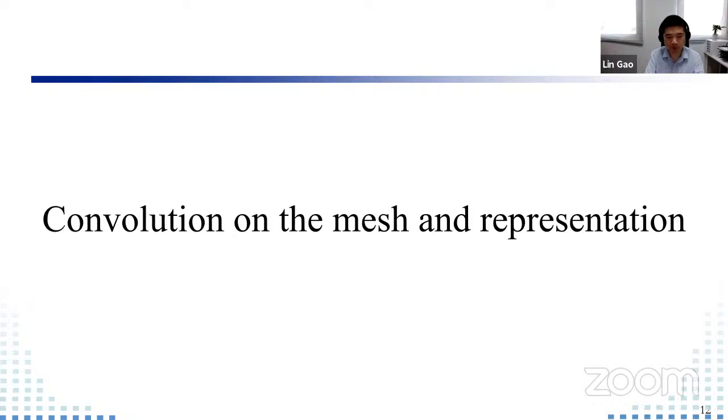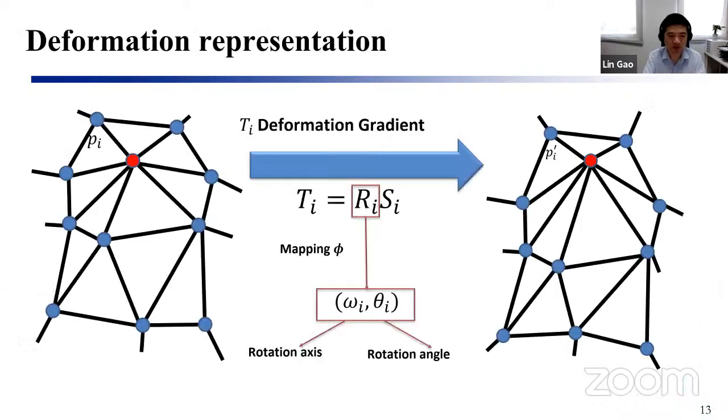Firstly, we need to define some basic tools on deformable meshes. We zoom in on the meshes. We could find that a mesh is a combination of a lot of triangles, and we could use the deformation gradient to represent the deformation of each triangle. Let's look at it.